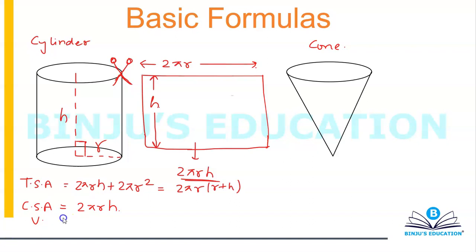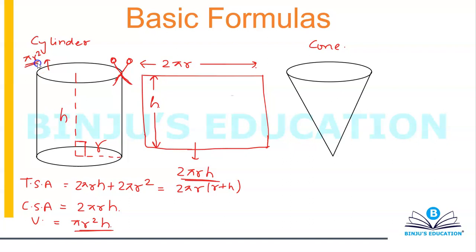Next is the volume. For volume, it's going to be pi r square h. How can you understand this instead of using integration? The area of one circle is pi r square.